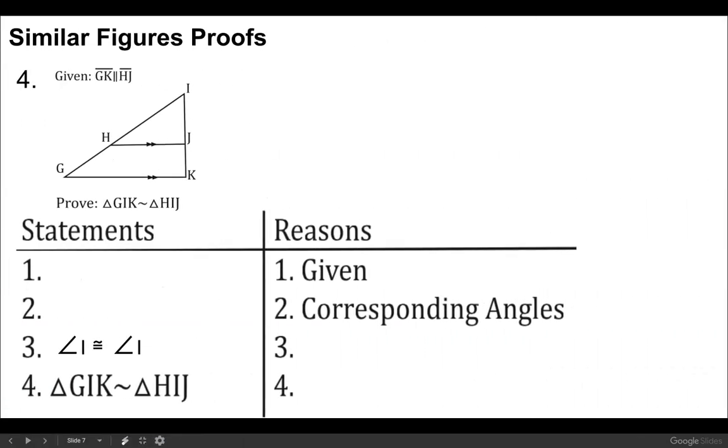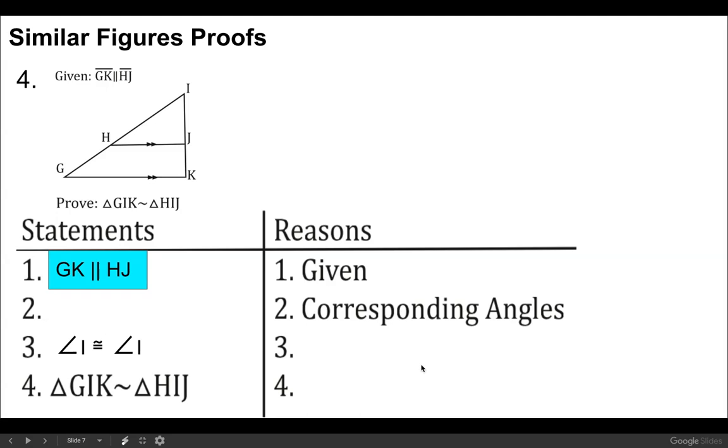Example number 4. So again, starting with our given information. That notation means parallel. So parallel lines GK and HJ, that's our given information. Anytime you're given parallel lines or information about parallel lines, that's when you'll need to recall your prior learning.